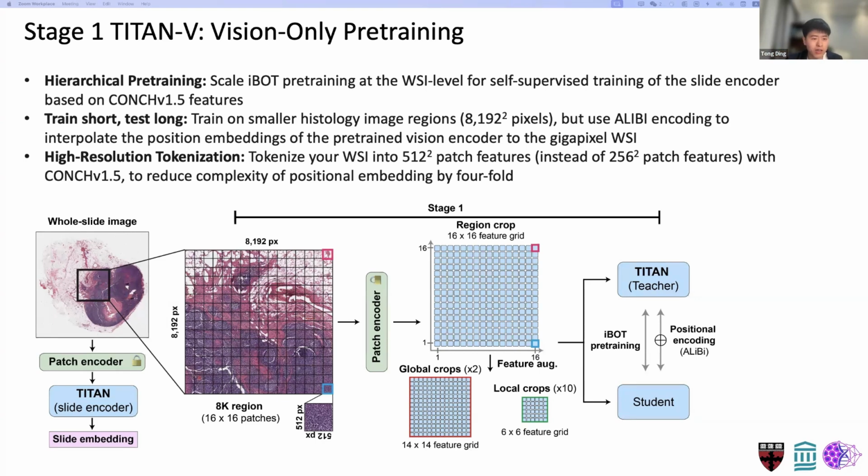Here, we do exactly the same, except that we use a pre-trained patch level encoder as our tokenizer, and it is frozen during training. In the same way, we can encode an 8,000 by 8,000 ROI image into a sequence of 256 tokens, so 16 by 16 at every edge.